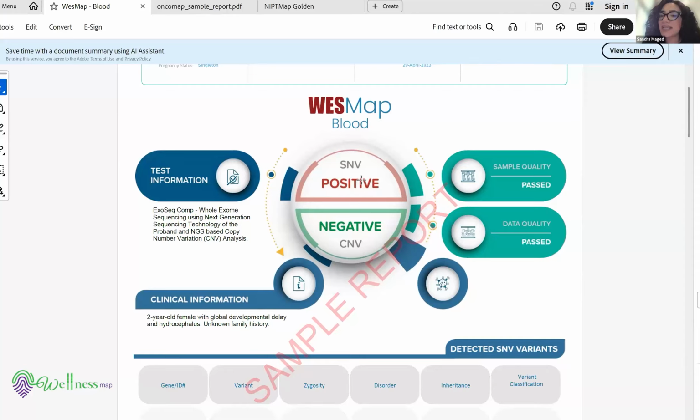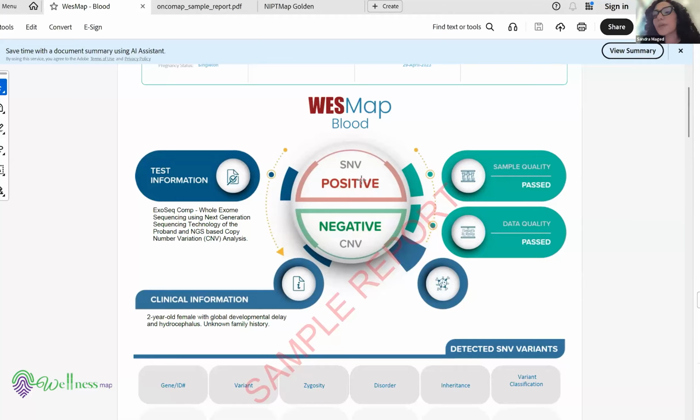So it has A, C, and different other nucleotides, T, etc. If we say that this is an SNV positive, it means that one single letter has changed in that DNA, causing whatever we're seeing in that patient. So SNV is single nucleotide. From its name, you can understand what's happening on the DNA level.